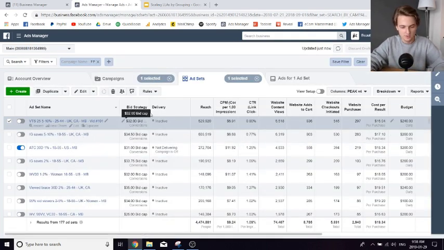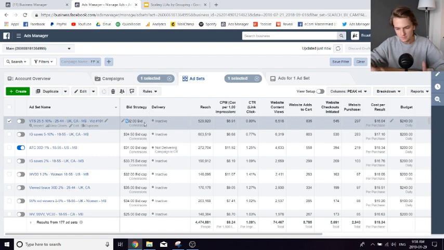And so at a budget of $200, the bid cap really doesn't do anything as long as it's high enough. Most of my bid caps were about 2 to 3 times my target cost per purchase. Having a bid cap like that doesn't really affect your ad set when you have a budget of $200, right? Because it's just going to keep spending regardless.